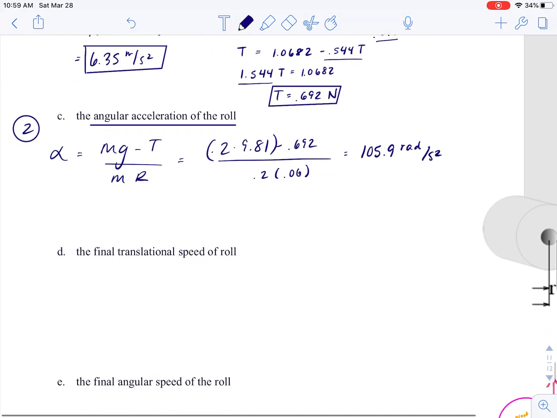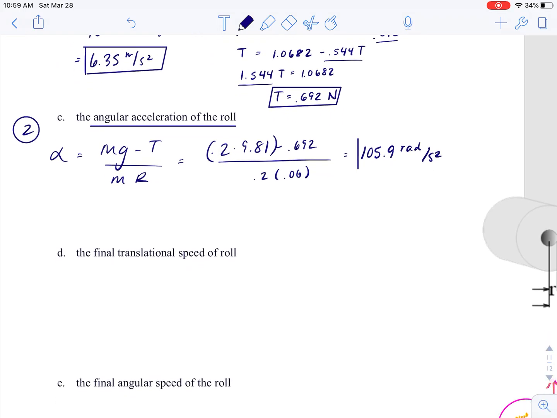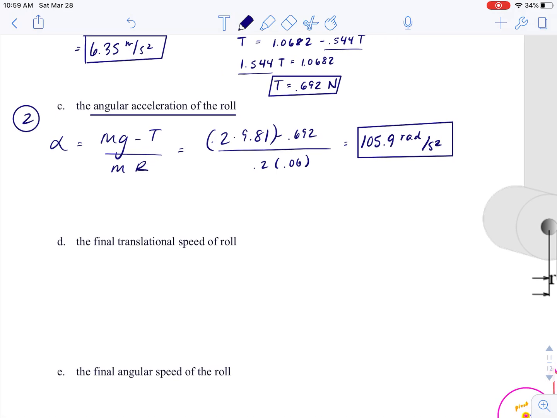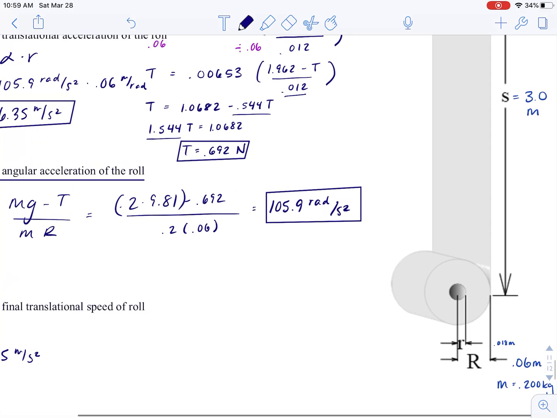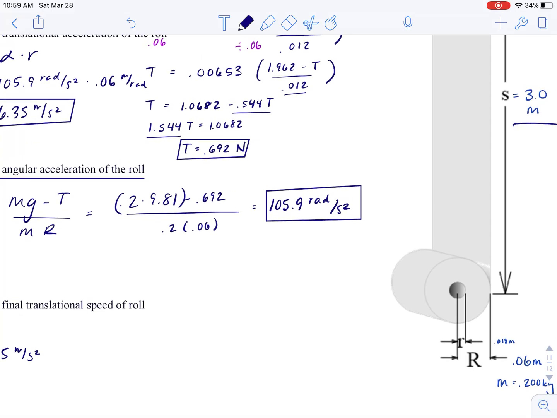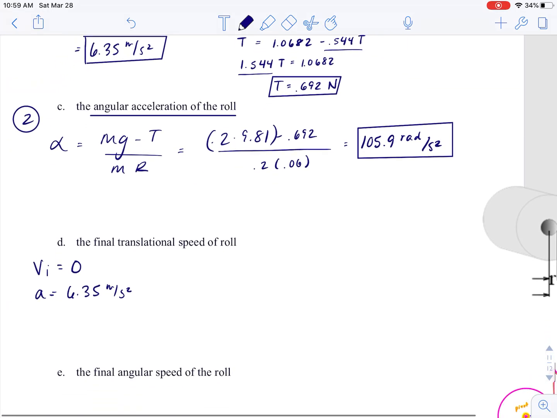Okay, the rest of this then is just kinematics. We're supposed to find the final translational speed of the roll. We know that the initial speed is 0. We know that the acceleration is 6.35. We know that the roll is falling 3 meters.